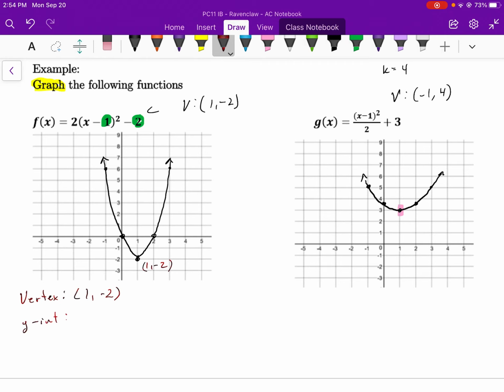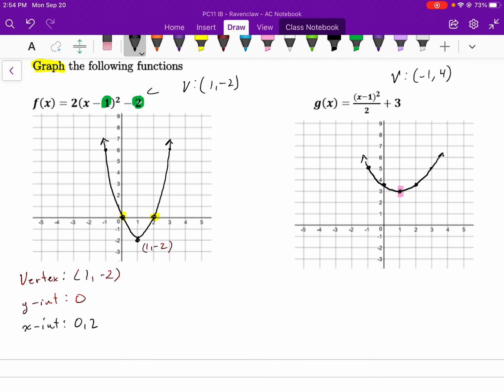My y-intercept for this graph is 0. This is the point I'm talking about. It's 0. My x-intercept, well, we have 2 of them, 0 and 2.